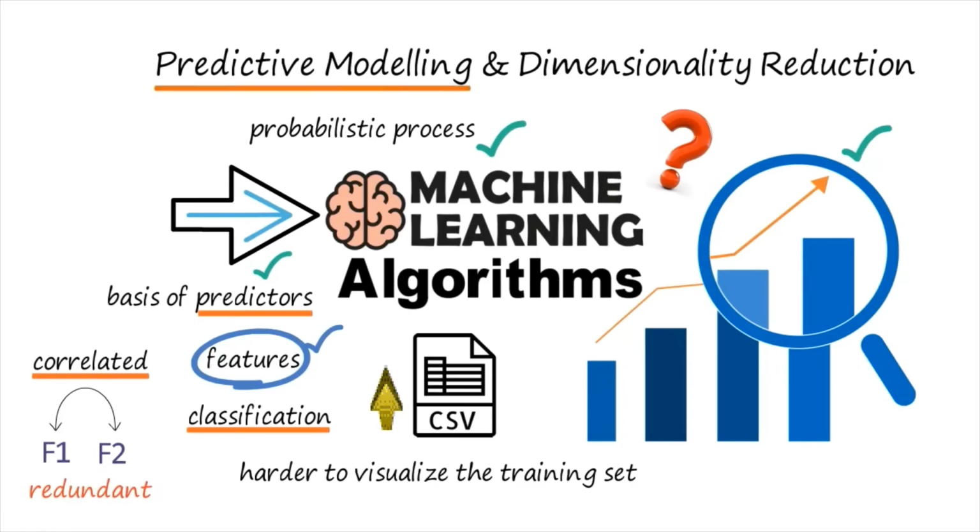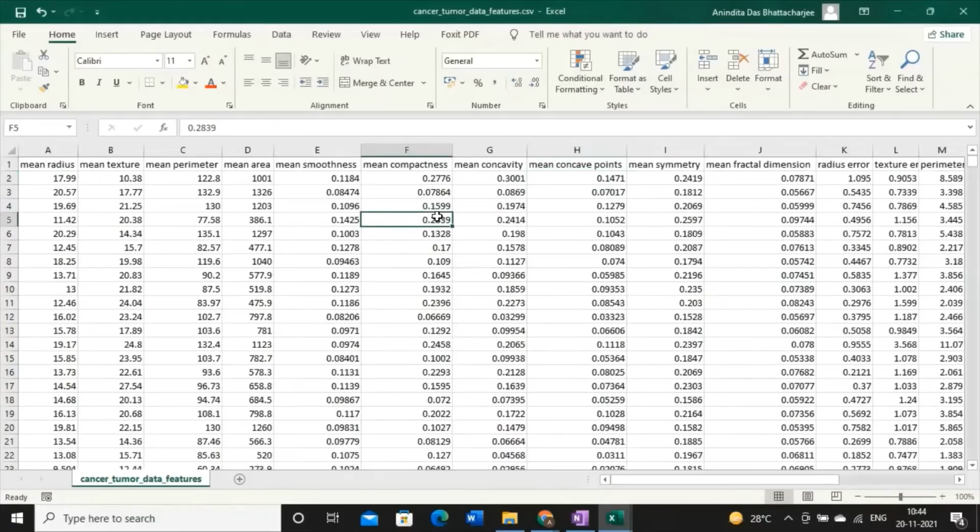Redundant means duplicate. Here, in the case of the cancer tumor data set, we have mean smoothness, mean compactness, mean concavity. These are the features available. But if you find that two or more features are correlated with each other, it means considering only one of the features will be enough in order to train the machine.